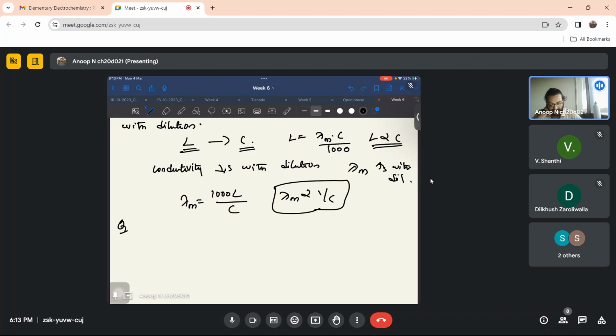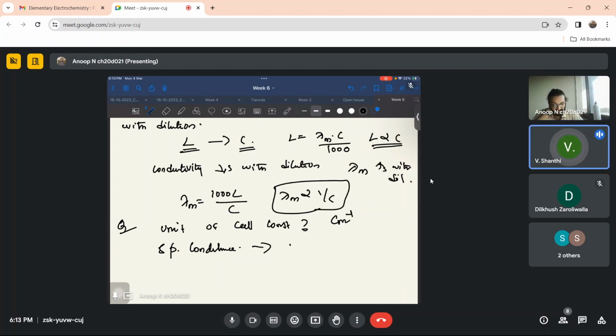Question 4 was just to understand the units. What is the unit of cell constant? Centimeter raised to minus 1. Then the specific conductance unit: mho centimeter raised to minus 1, or we can write Siemens centimeter raised to minus 1, or ohm inverse centimeter inverse.